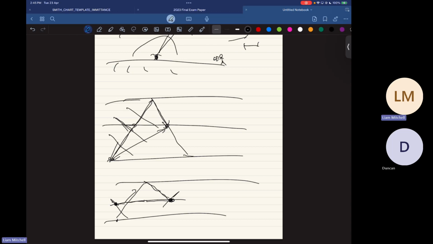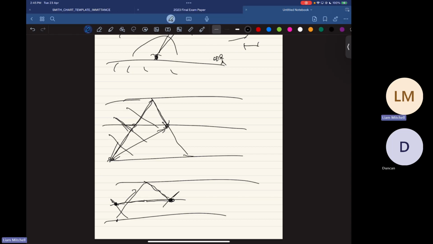What numbers for what? I don't know. But when I'm looking at it now, I feel like I used the wrong one. Oh, okay. If you use the R equals 1 circle, then you will get a series stub, not a parallel stub. And actually, you can match with series stubs, but it's usually less convenient because you have to have a cable in series with another cable.